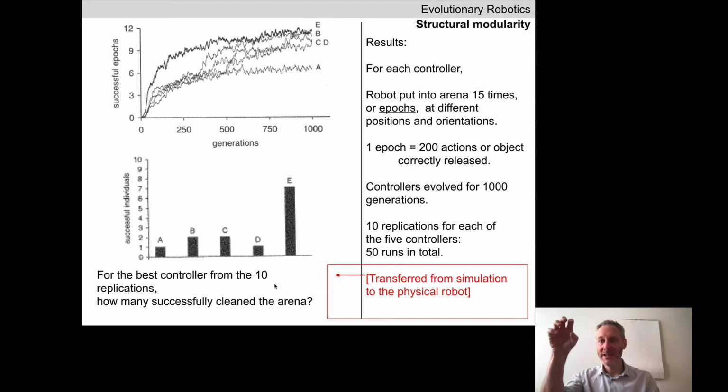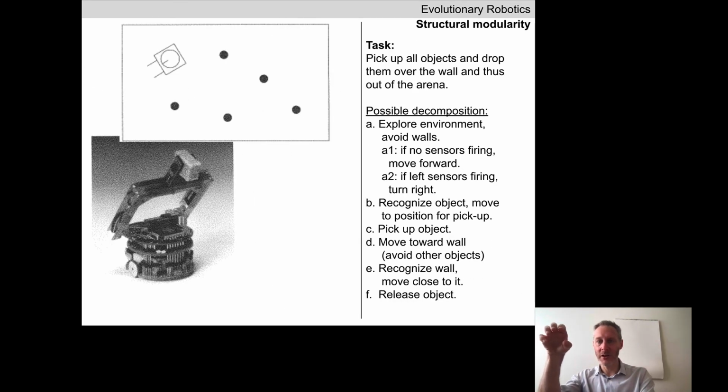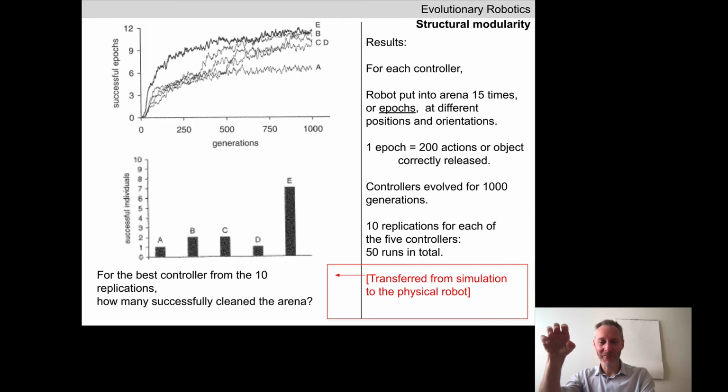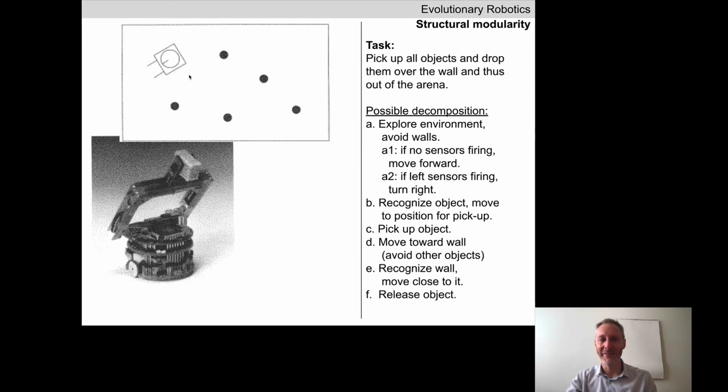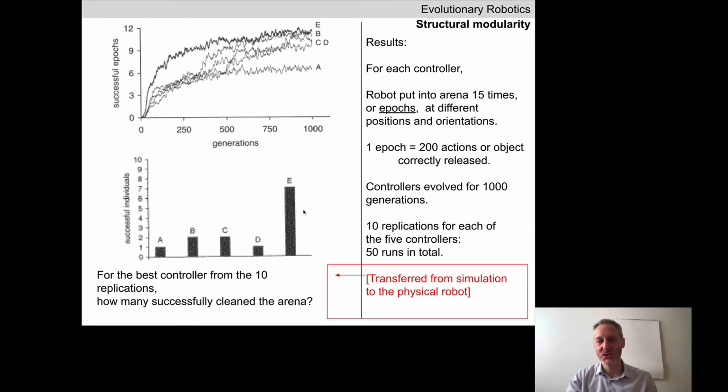So they did 10 replications with the physical Xenobot, with the physical Kepara, and they did this 10 times. And they asked, did the robot clean up all 5 objects in the arena? And this is just more evidence that the evolved E networks were significantly better than the other 4.